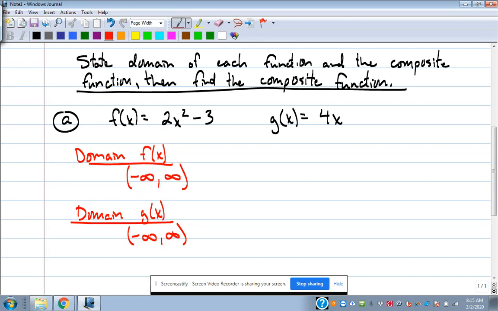Since there are no restrictions on either of those, the domain of f composed with g of x would be from negative infinity to positive infinity, since there are no restrictions on that.